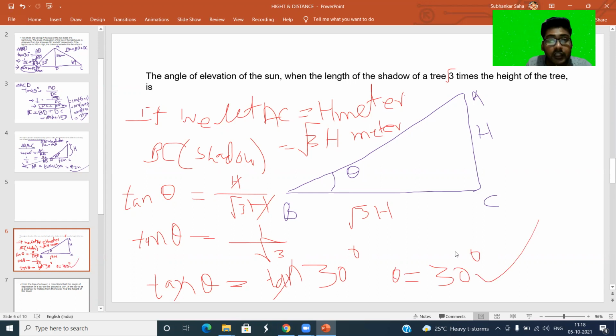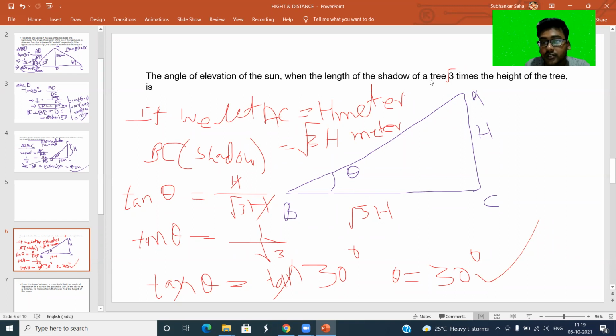I repeat. If we take AC, the wall value is h. Wall value is h, and BC is the base, the distance between the ladder and the wall, root 3h.